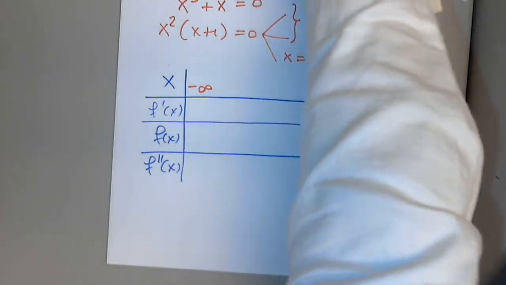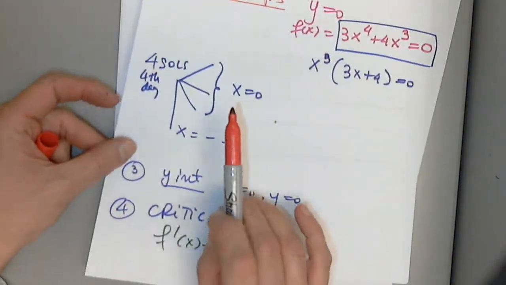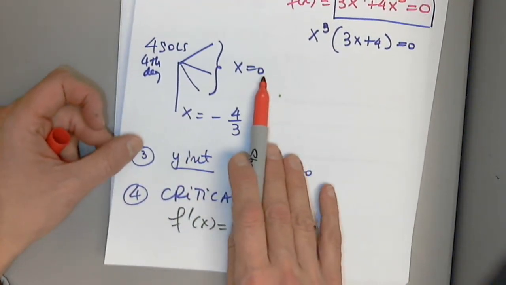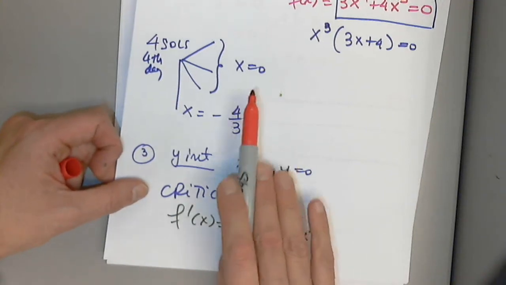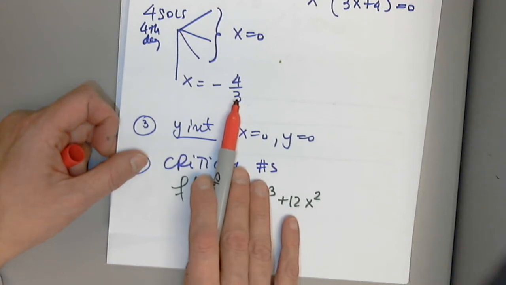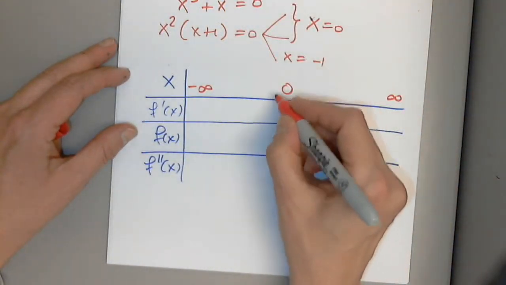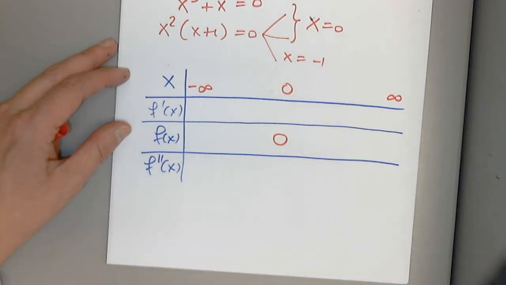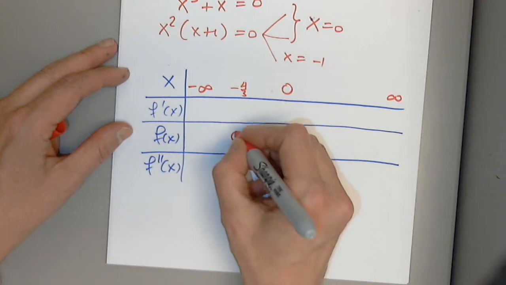We also established, we didn't finish, I'm going to add more, but we also established that the function has (0, 0) as the x and y intercepts, and (-4/3, 0) as the other x-intercept. So for the function (0, 0), (-4/3, 0).